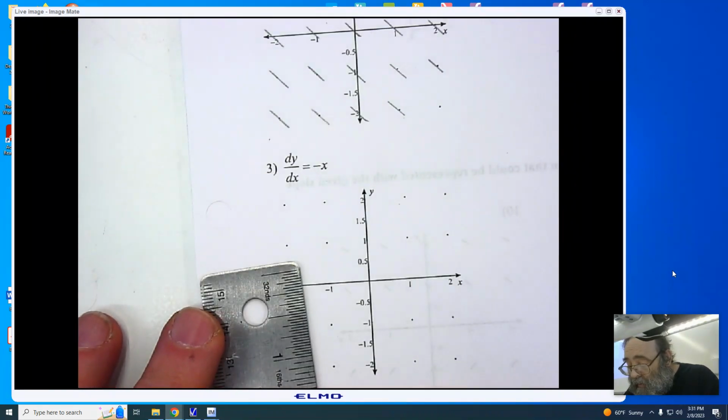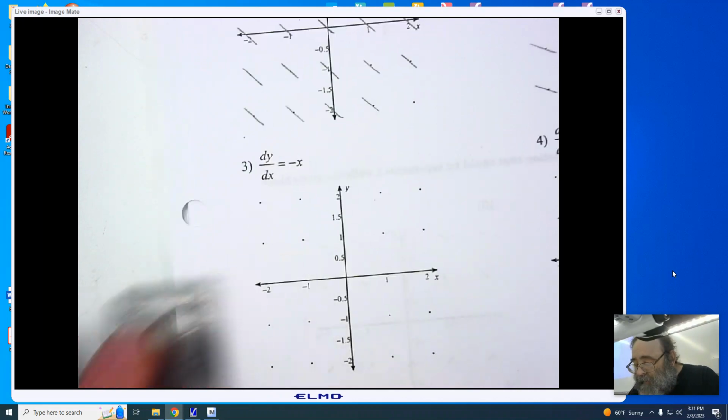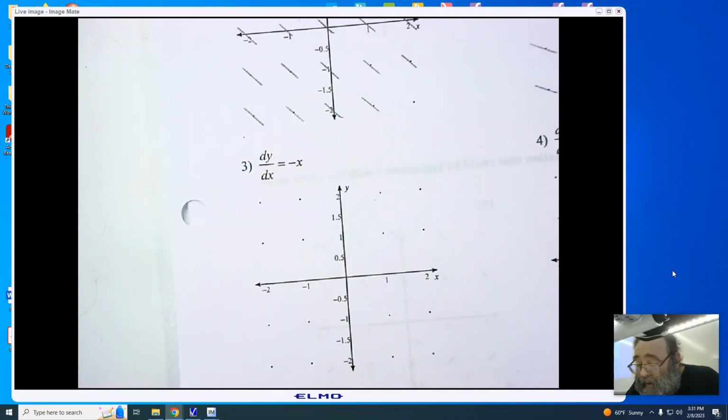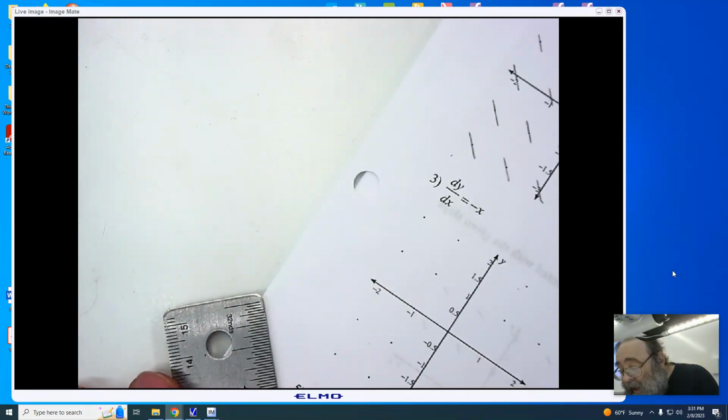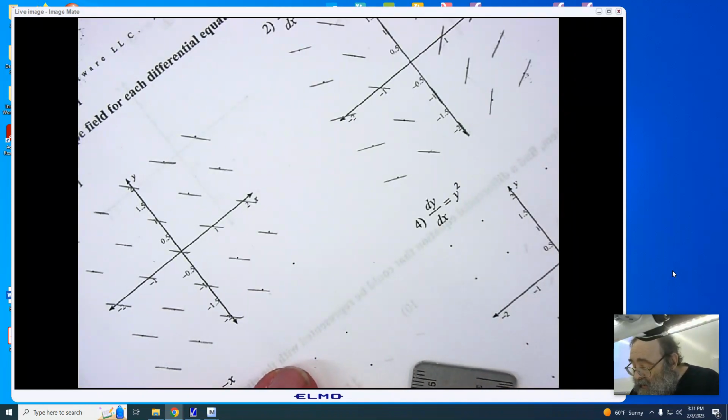We don't want 0 over 0, so we have a vertical at that value and that one, here and here. We're now going to go ahead. Notice this is going to also be a negative 1 slope. Negative 2, positive 2. And vice versa, 2, negative 2. Positive, positive 2. Negative, negative 2.